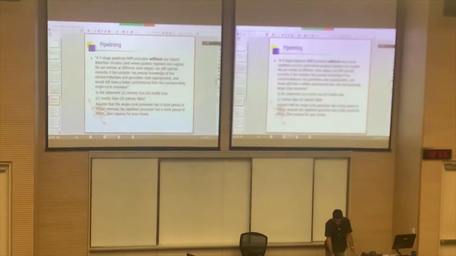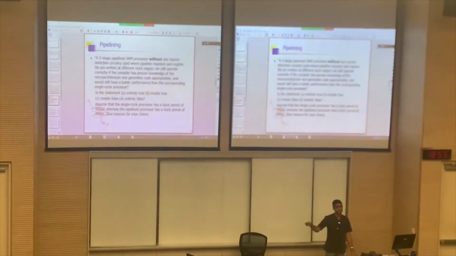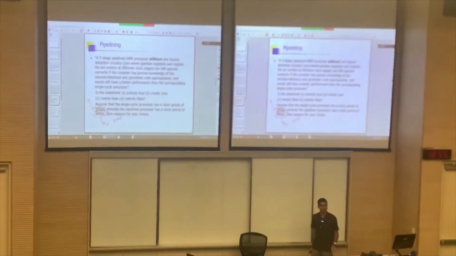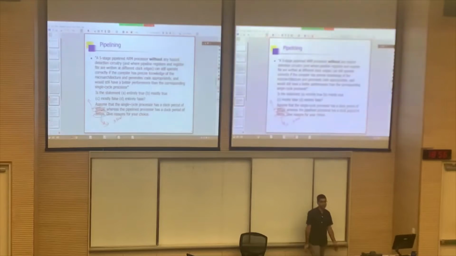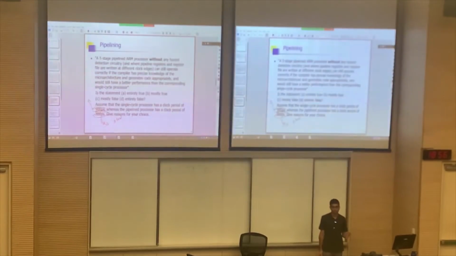For a pipeline processor, 1 instruction completes every 300 picoseconds. So 3 instructions complete for every 1 instruction of your single cycle processor. If 1 out of these 3 instructions is useful, the two will have the same performance. What are the chances of 1 out of 3 instructions being useful? Very, very high. It's almost always the case.